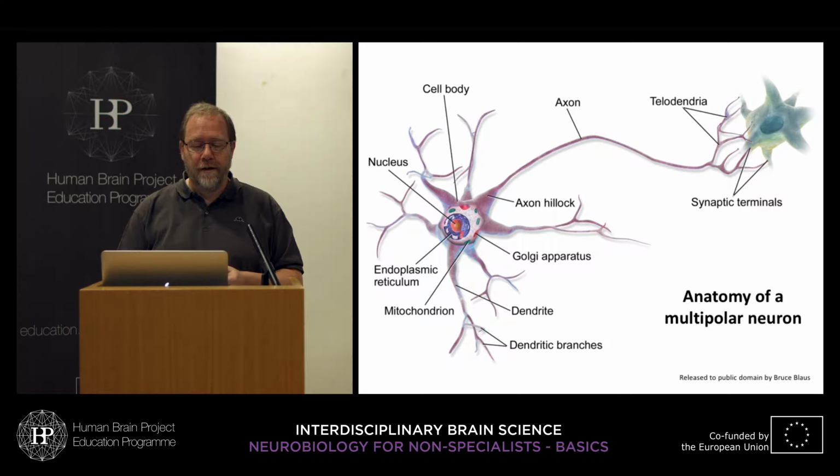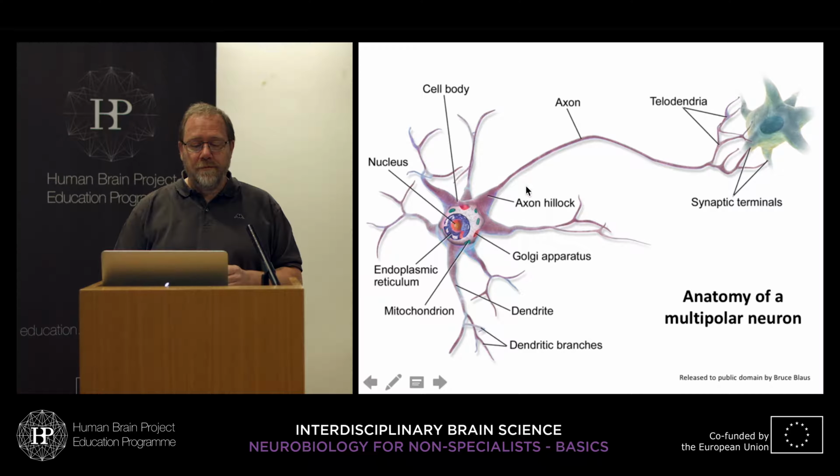Then we find the dendrites about here. So in this case, this cell has a number of dendrites, and these dendrites branch and therefore can form a large network to collect a number of information from different other neurons.